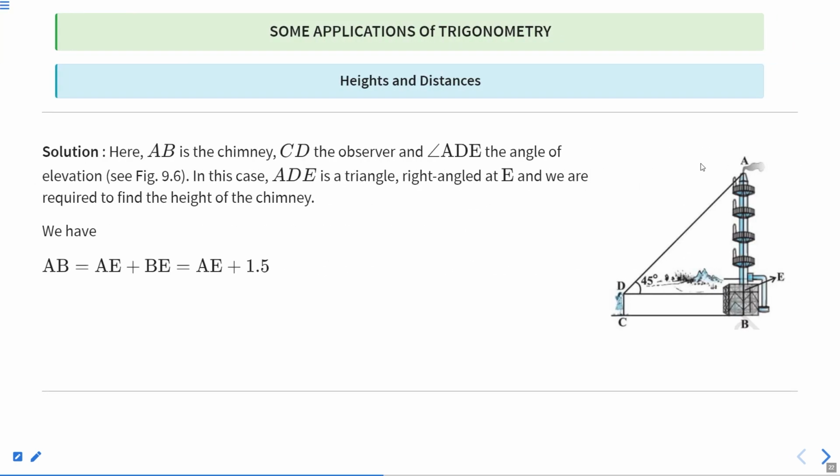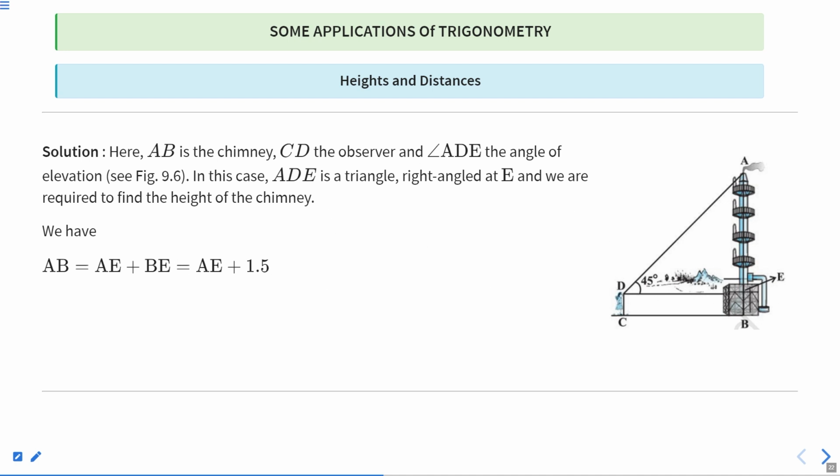So here you can draw this diagram. This is our chimney, and here she is standing. Now we are given the angle of elevation, that is equal to 45 degree, and we are given the value of BE.